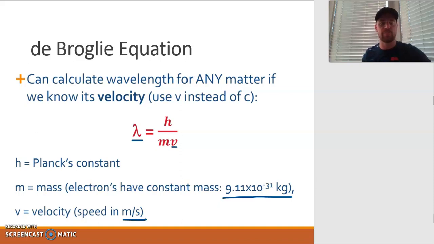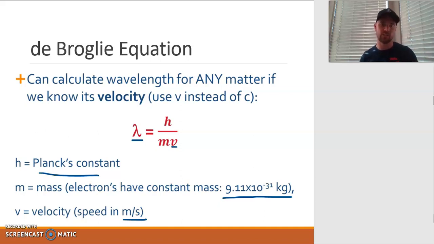And then lastly, you should be familiar with Planck's constant. If we plug in all of this information, we can actually calculate the wavelength for any moving particle, whether it's a tiny electron all the way up to a person or even larger still. Now, at the macroscopic level, our wavelength is so tiny that it's negligible.